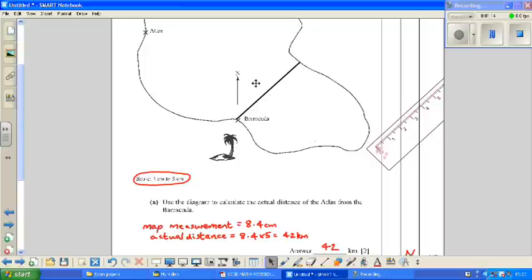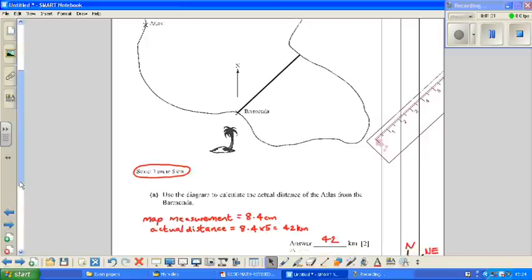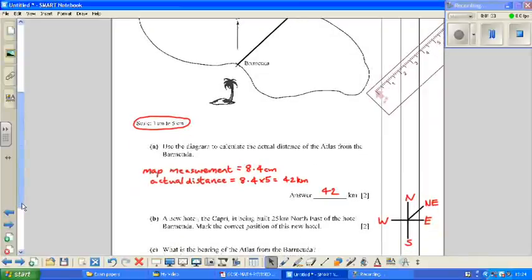So now we've got the Barracuda. There's the Barracuda, roughly about there, and that's our 45 degree line. But it told us that the distance was 25 kilometers. So remember, the scale tells us that 1 centimeter is 5 kilometers.